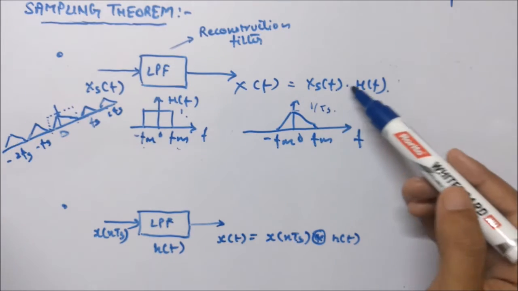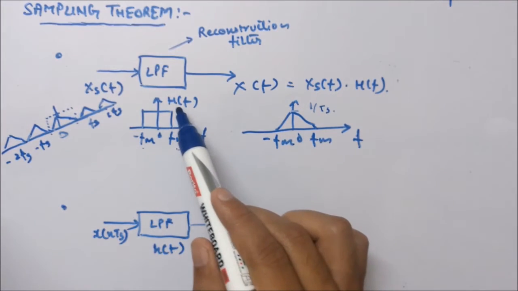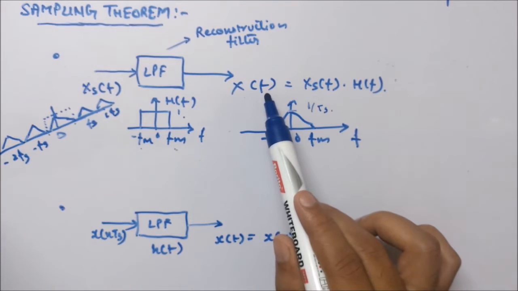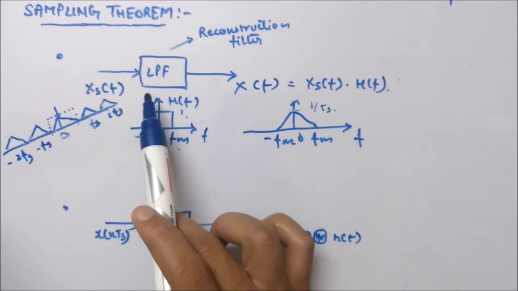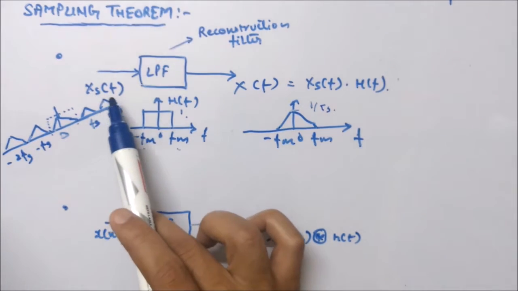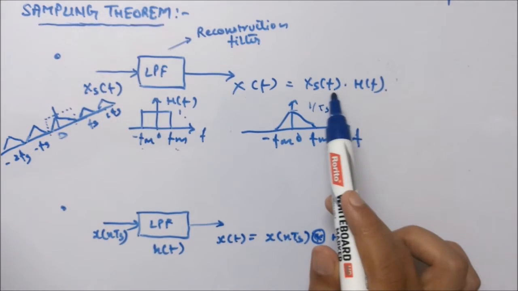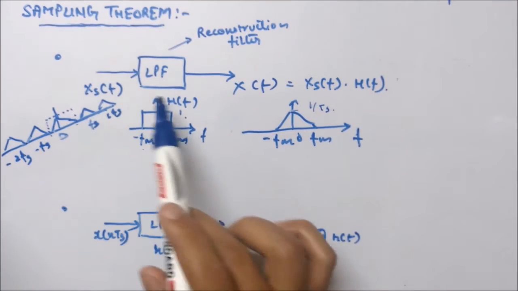Second thing, you can see here I have multiplied these two signals, XS of f and H of f, and I got X of f. This is because we are dealing with this in the frequency domain. You pass the signal XS of f through the filter H of f, and at the output you will get H of f times XS of f, the multiplication of these two signals.